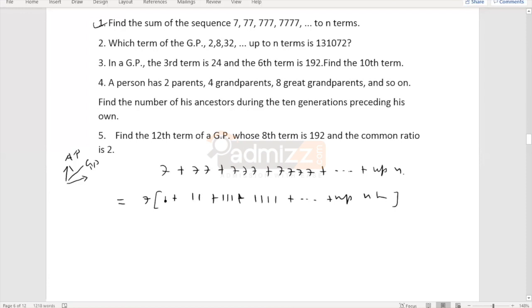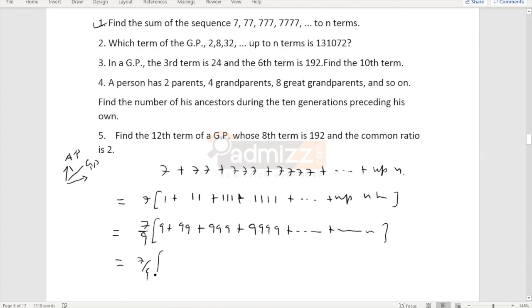So now I want here 999, then we'll do something. If you want to get 999, then multiply and divide by 9. Here 9, 99, 999, 9999 plus up to n terms.